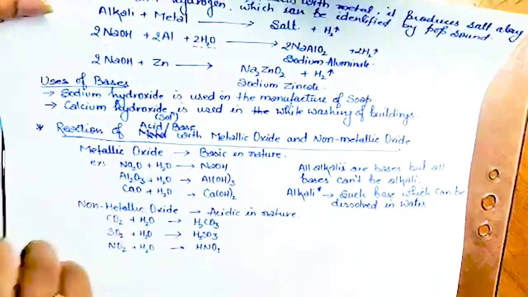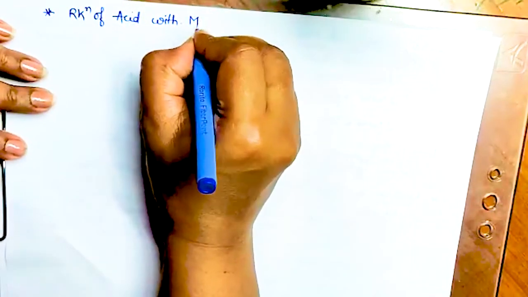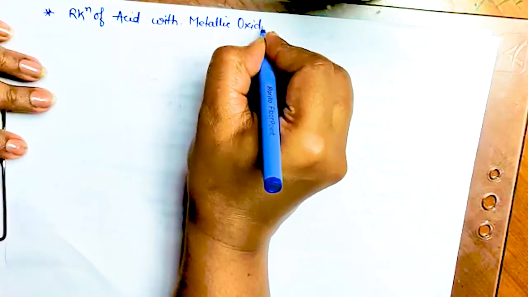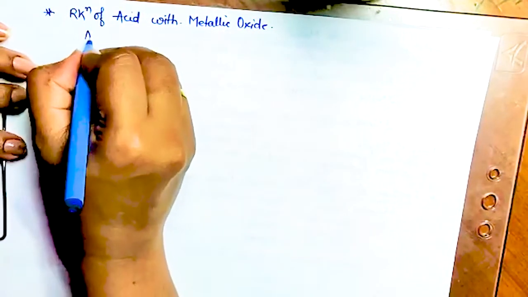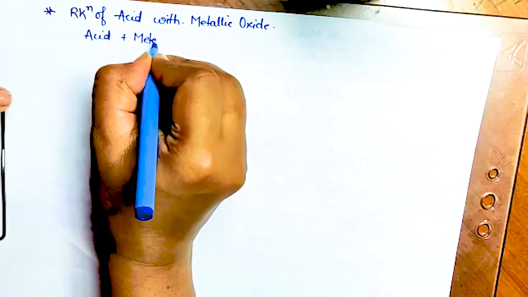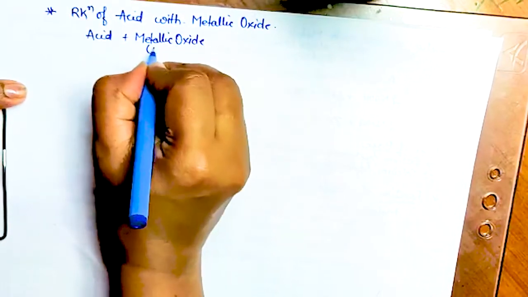Obviously this is the metal oxide, isn't it? So if an acid reacts with a metallic oxide, which is basic in nature.